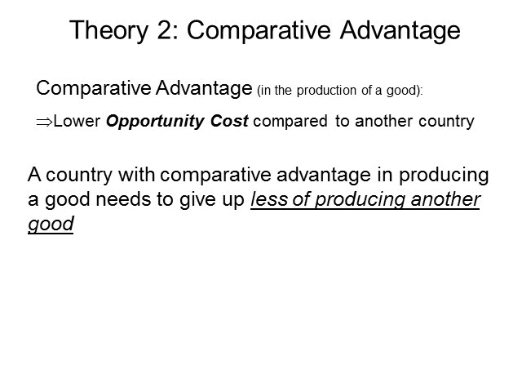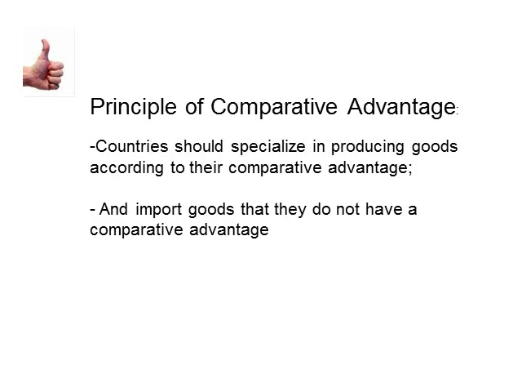We use opportunity cost to measure whether a country has the advantage of producing this good or not. So based on the fact that you have less opportunity cost, then you should focus and specialize in the production of this good, and then you should export the good.